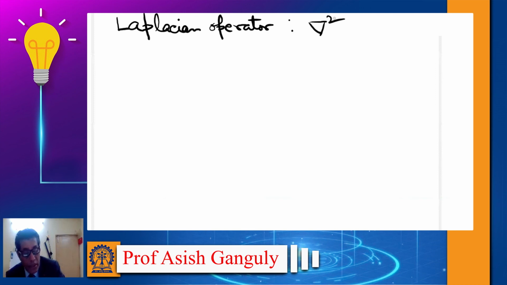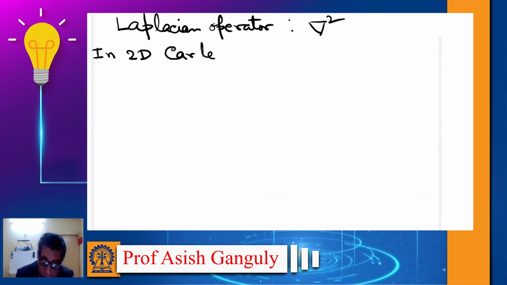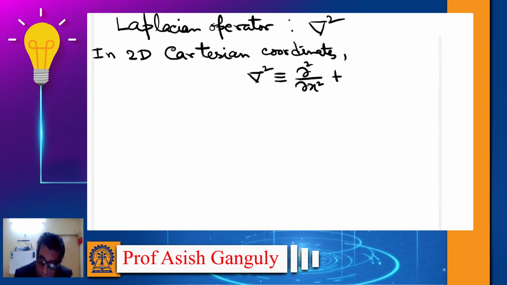Now, in 2D Cartesian coordinates, del square will be del square by del x square plus del square by del y square.